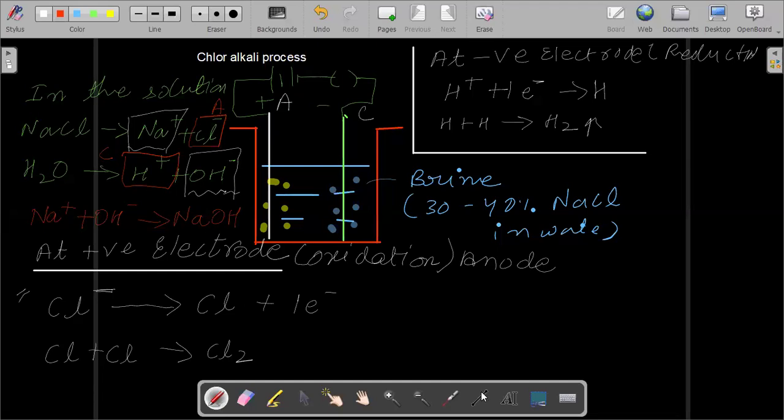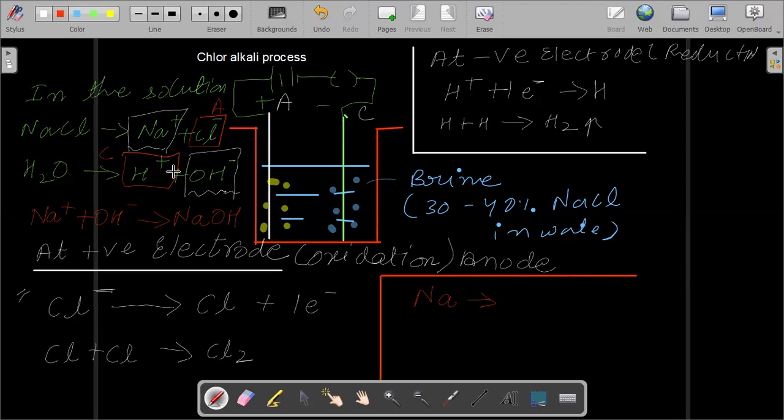The reason lies in deeper chemistry. The deeper chemistry tells us why sodium is not moving. Sodium has a high electrode potential. That means sodium is more electropositive as compared with H plus.